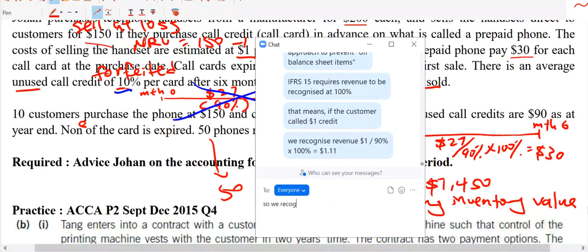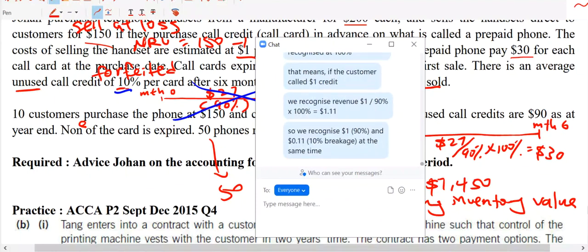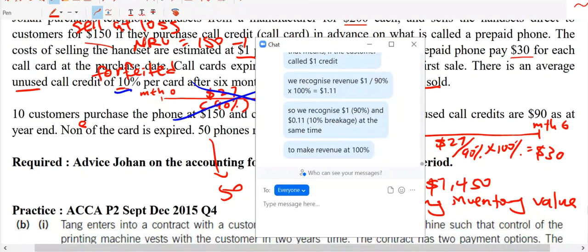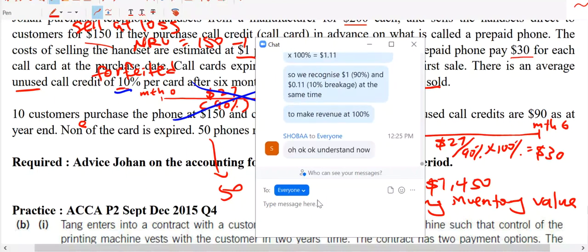So we recognize $1, which is 90%, and 0.11, which is that 10% breakage, at the same time to make revenue at 100%. Now read the messages in the chat box. After that, tell me whether you understand. If not, we'll continue to discuss then.